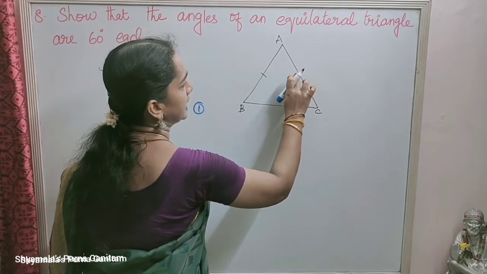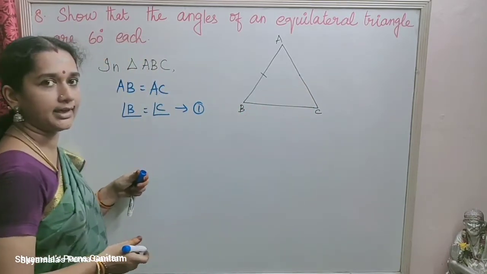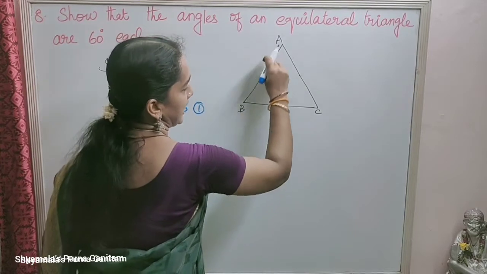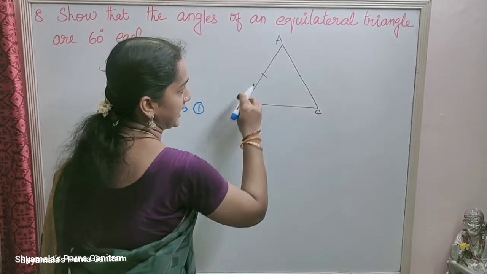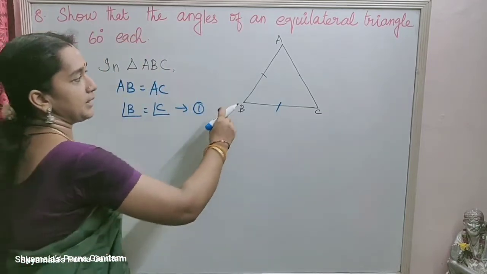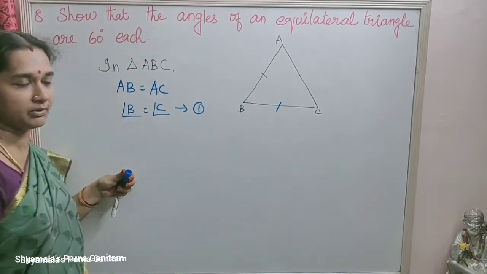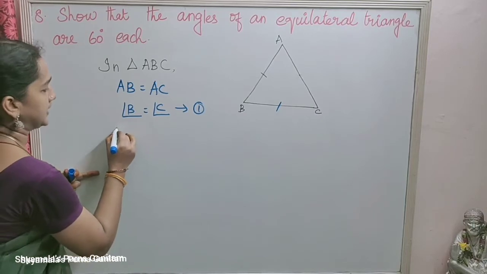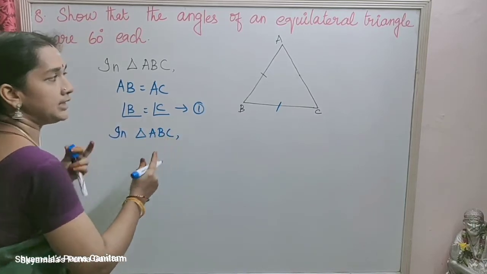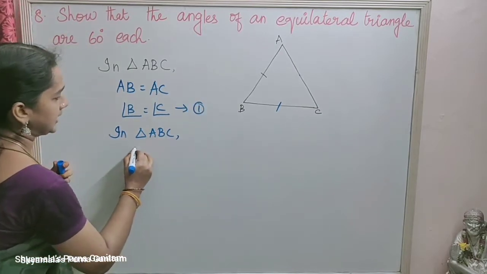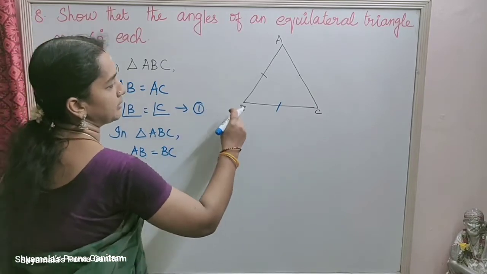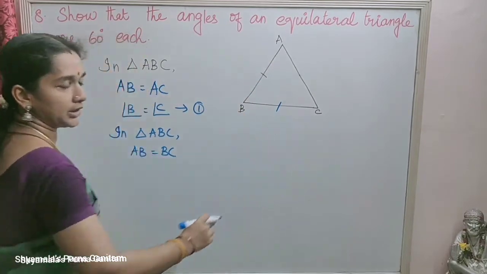Then now we will take another two sides as equal, that is side AB and side BC. So same thing: in triangle ABC, AB is equal to BC.